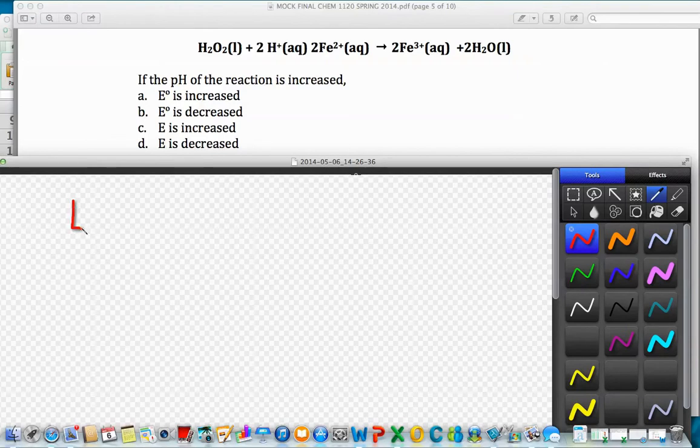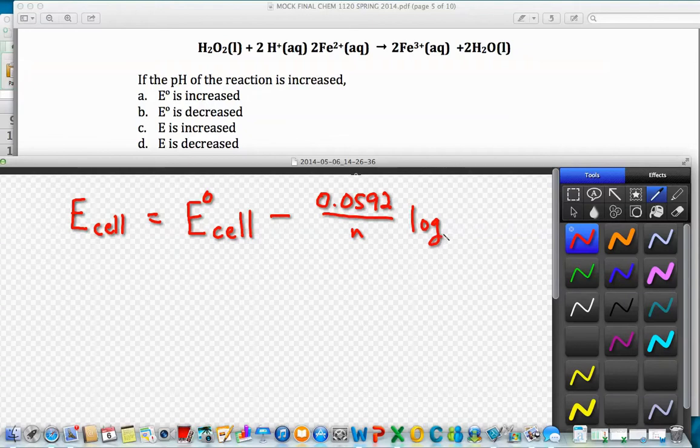We know from the Nernst equation that E cell is equal to the E standard state of the cell, which we get from redox potentials, minus 0.0592 over n, the log of the concentration of products.